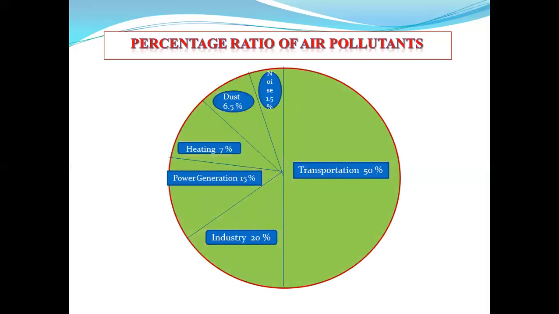See here, transportation makes 50% air pollution, industry makes 20% air pollution, power generation projects produce 15% air pollution, heating makes 7% air pollution, dust 6.5%, noise also pollutes your environment, 1.5%.